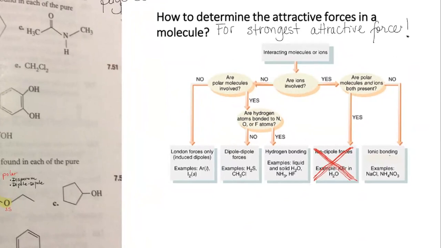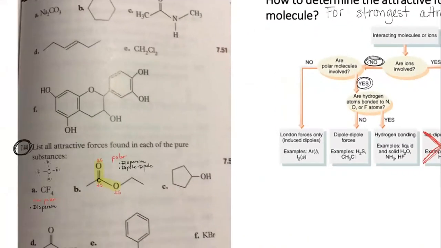Okay. So, are the interacting molecules ions? Are ions involved? Our answer is no. Are these polar molecules involved? Yes. Are hydrogen atoms bonded to nitrogen, oxygen, or fluorine? What would be the answer to that?